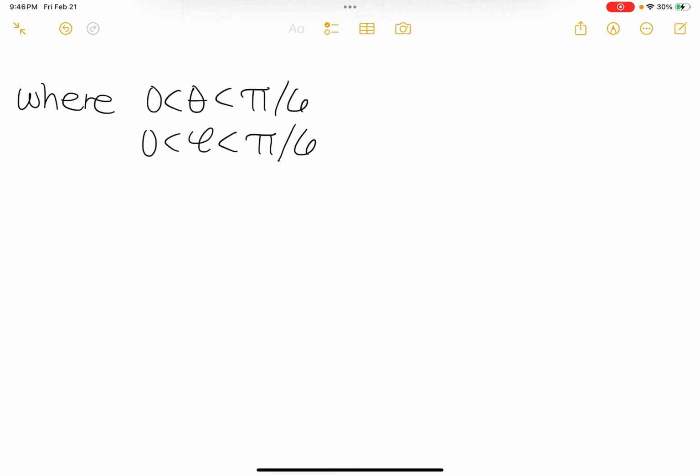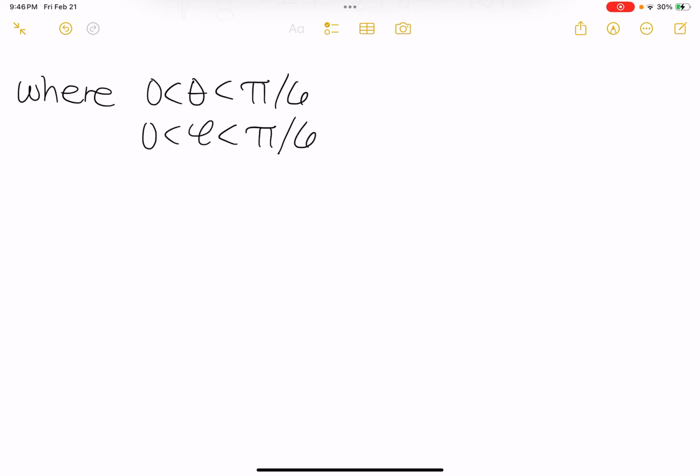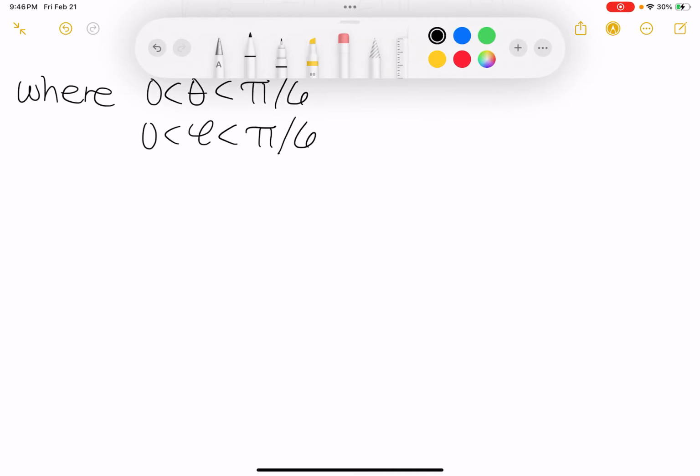Let's say we want to know the probability of the particle being between theta 1 and theta 2, so theta is greater than theta 1 and less than theta 2. And let's say phi is greater than phi 1 and less than phi 2.